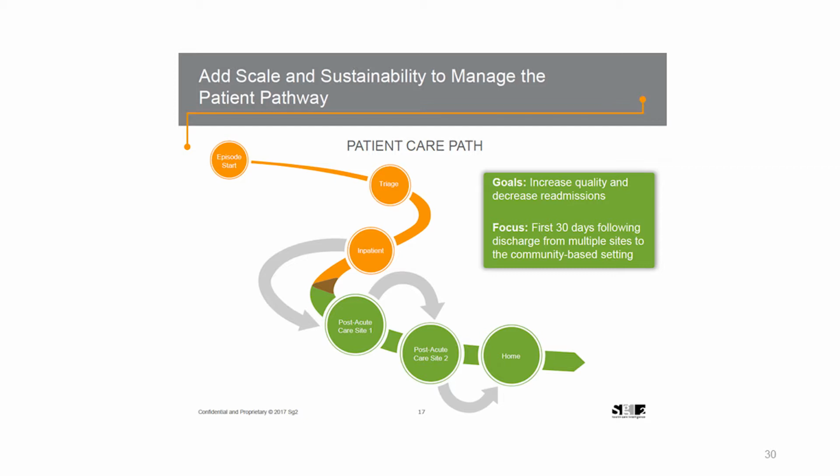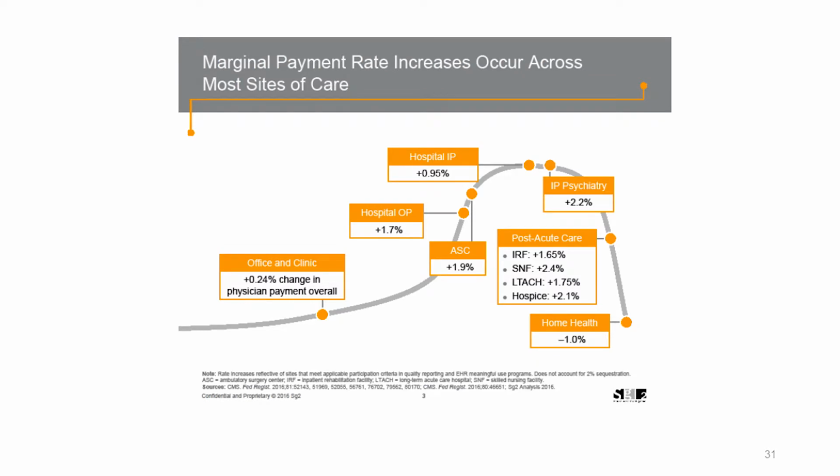They may get moved to an inpatient status and get treated, and then there are potential post-acute care sites, whether that be rehab, home health, or a skilled nursing facility, some type of rehabilitation after the inpatient stay, and then they move home.